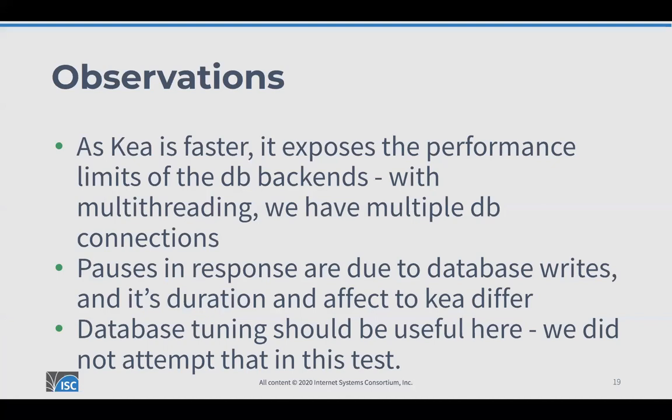So our observation from those longer running tests is that we managed to move our bottlenecks from Kea to the databases, and we are aiming at investigating database tuning, but we didn't have time or manpower to do it for this test.